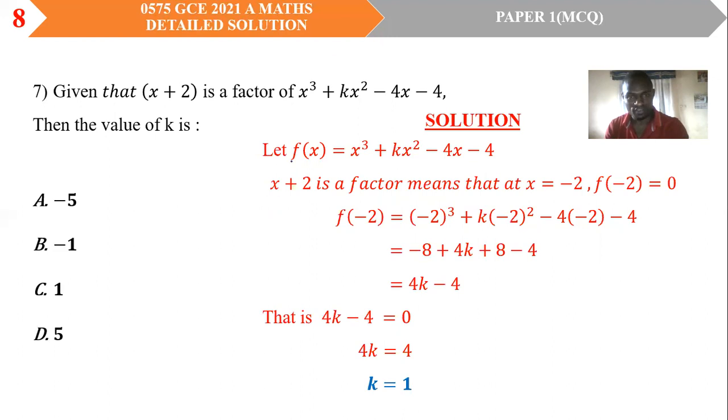And if this is f of x, we are told that x plus 2 is a factor. And if x plus 2 is a factor, it means that at x equal -2, f of -2 will be equal to 0. Now the question we should ask ourselves should be, how do we have x equal -2?